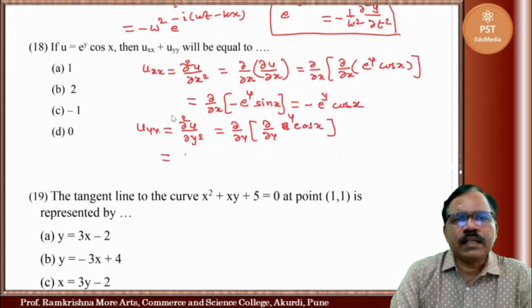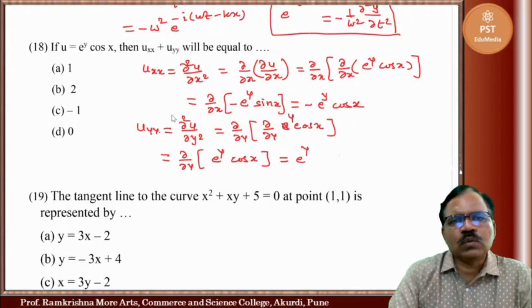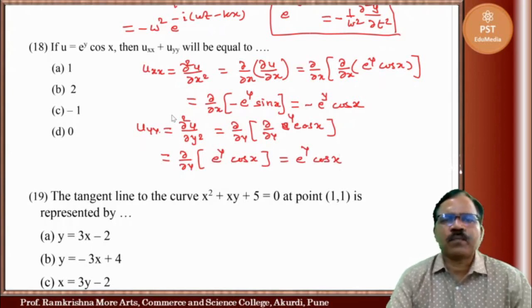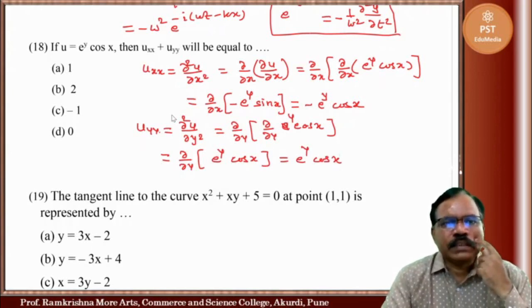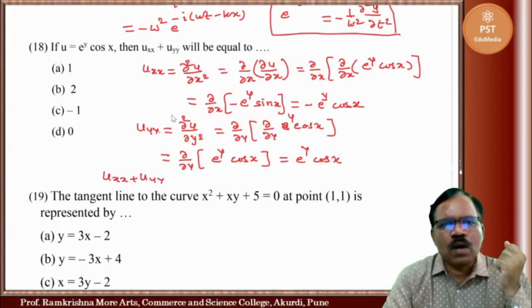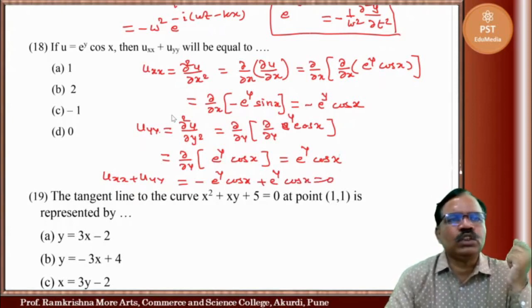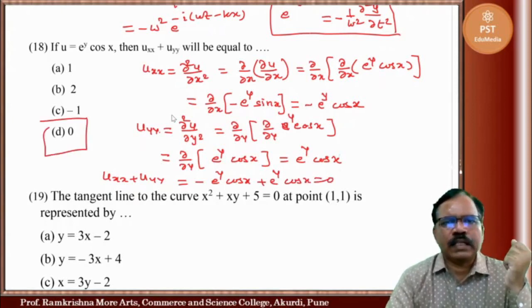So we get here ∂/∂y of, now cos x as it is, and derivative of e raised to y is e raised to y. So again we will get here e raised to y into cos x. Again if we differentiate, so we will get u_xx plus u_yy is equal to minus e raised to y cos x plus e raised to y cos x. So this is equal to 0. So this one is correct.